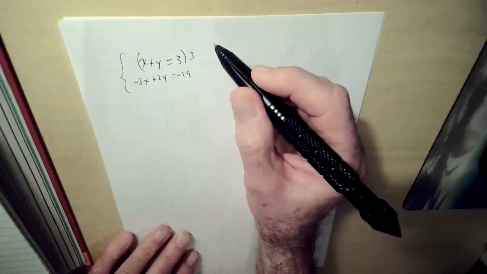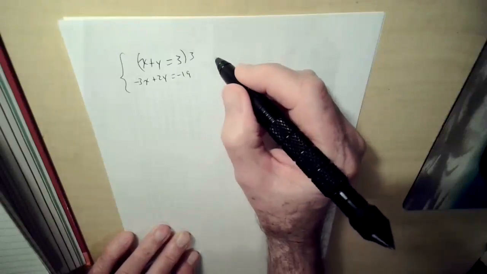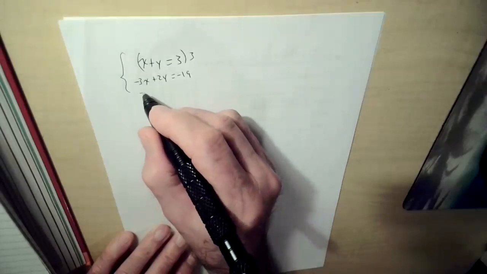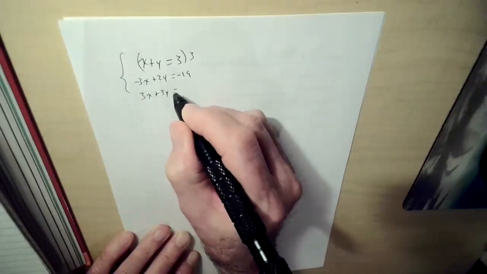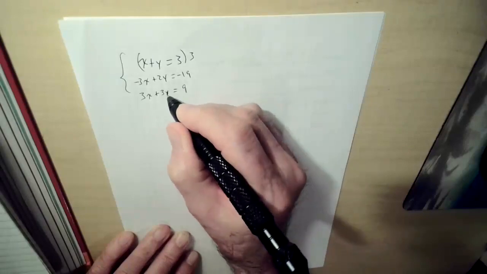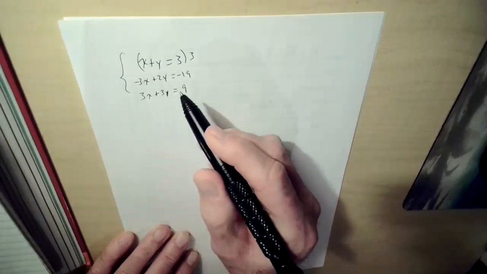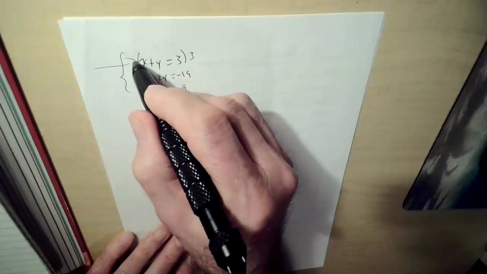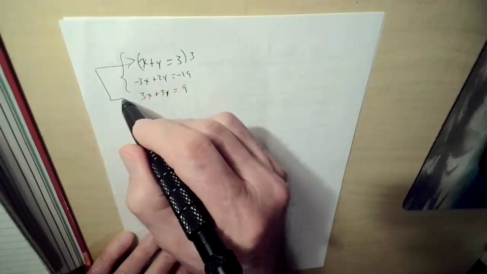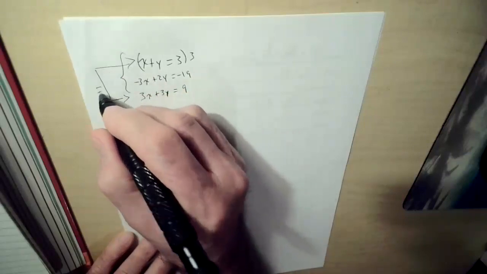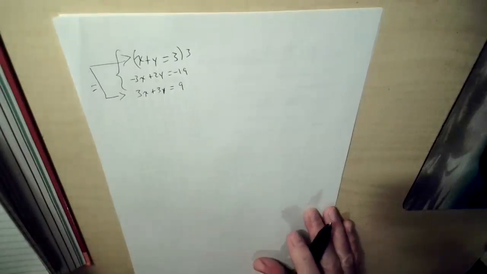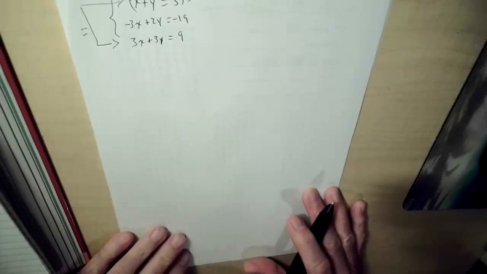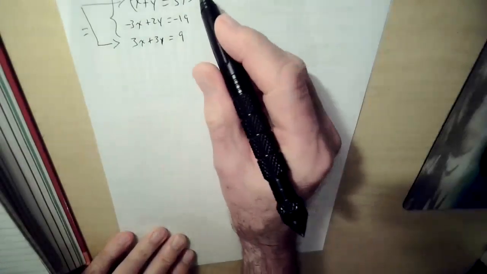Do the top one by 3. What would we get here? We get 3x plus 3y equals 9. There's a y here. Remember, this equation and this are the same. They're equal. They look different.